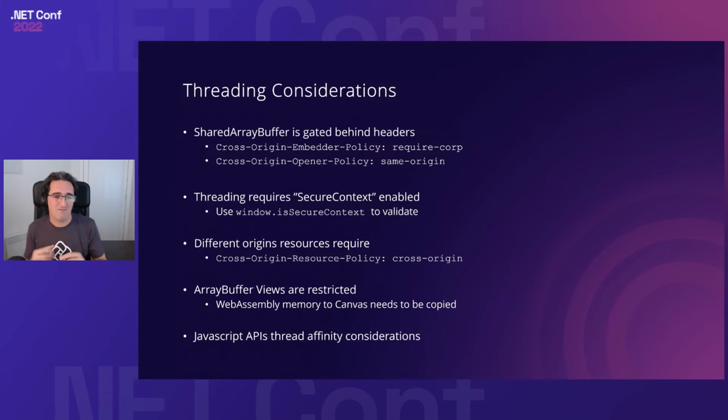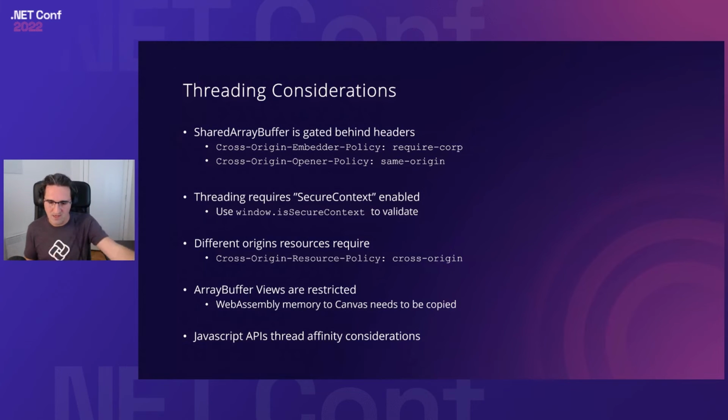Other sites need to be setting their own CORP headers, cross-origin, so that you can access everything. So you may miss access to this. Everything that goes with being able to do SSO is going to be a problem when you're enabling threading because of those things.